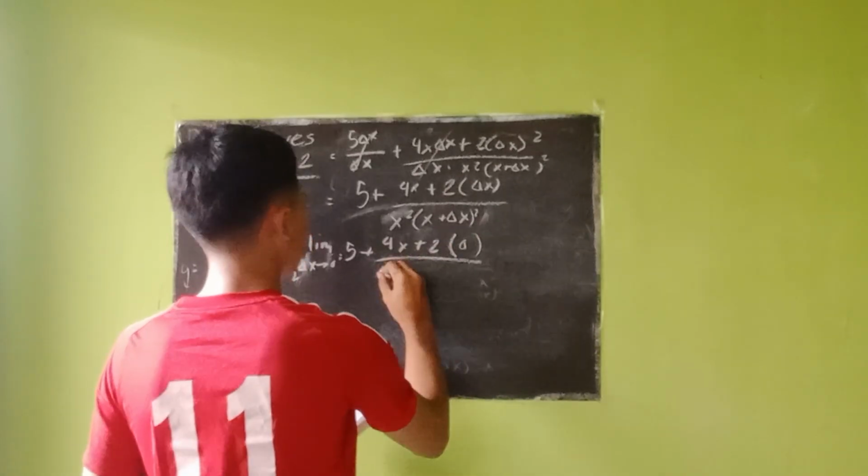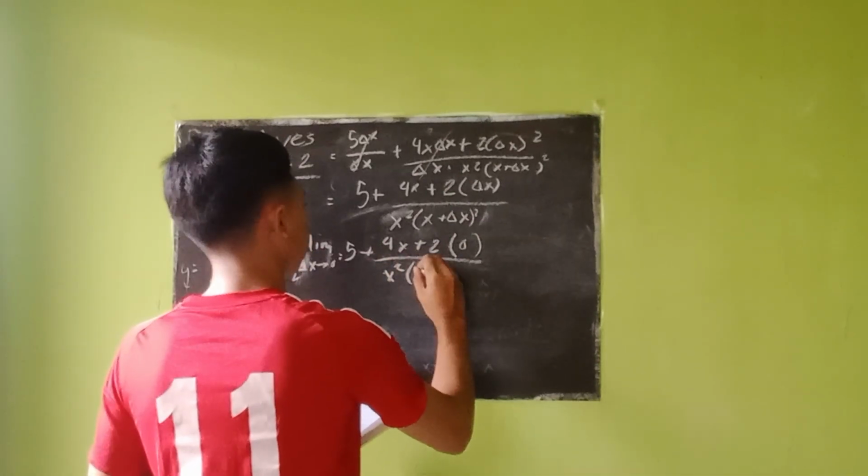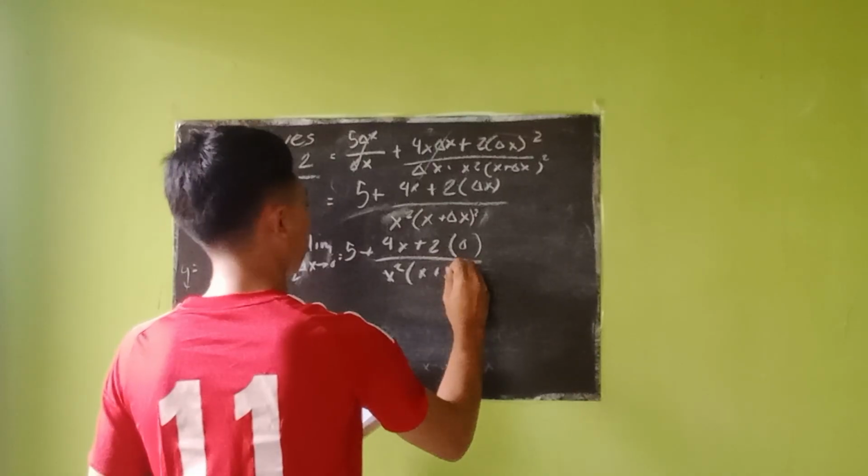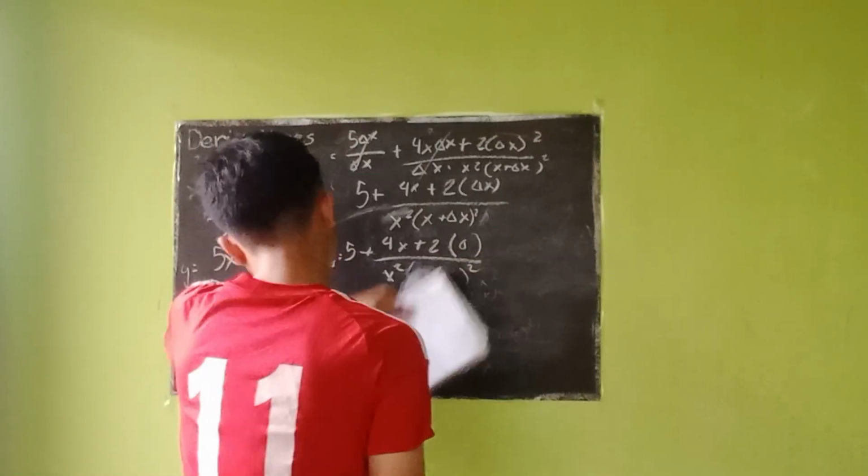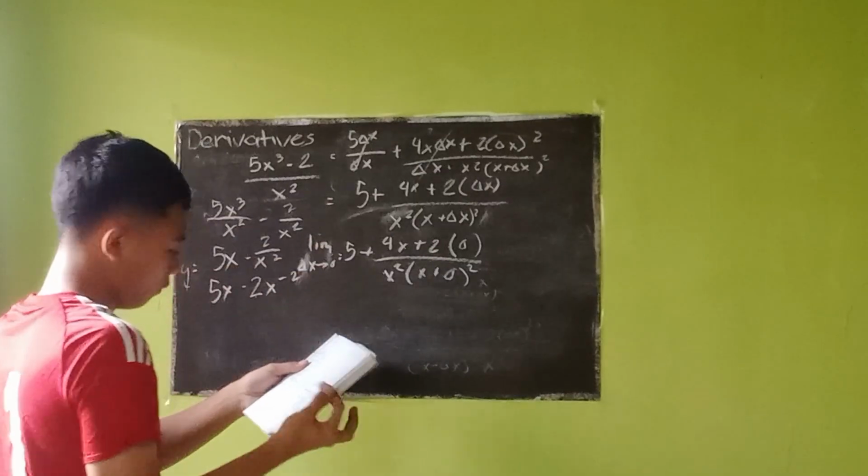Then on the denominator we have x squared times x plus 0 squared. Okay, now let's solve.